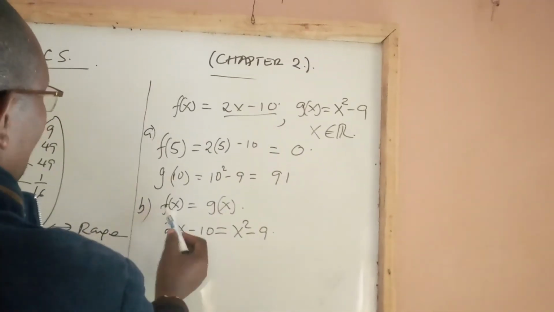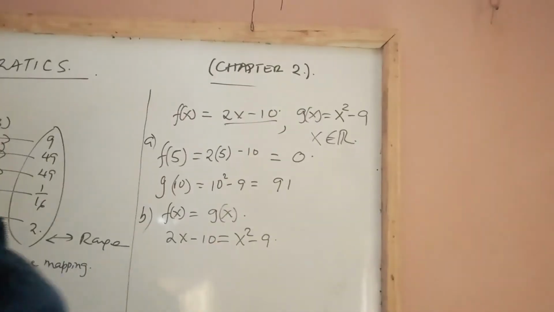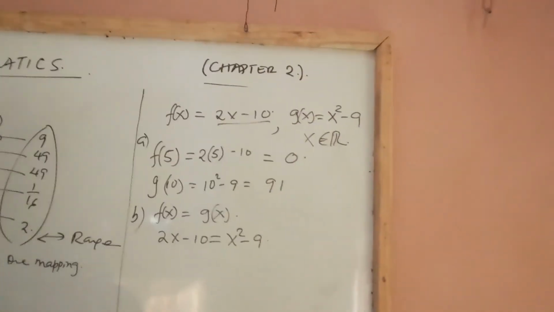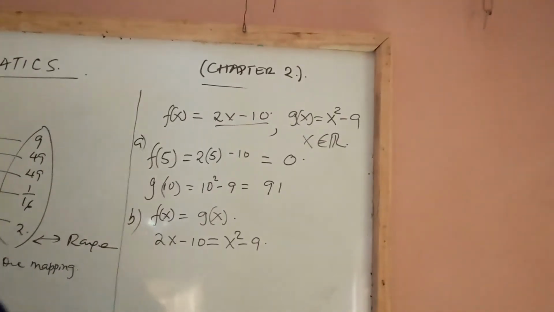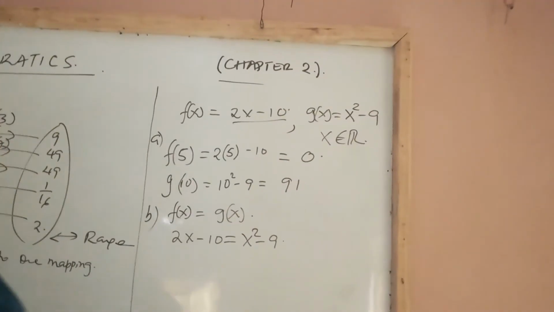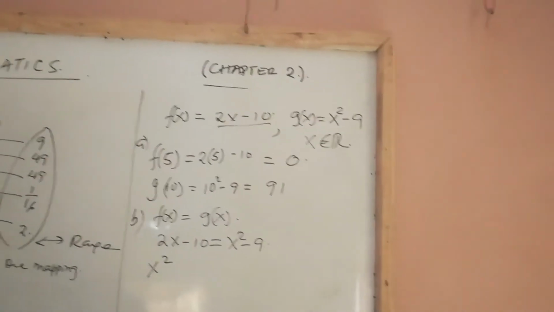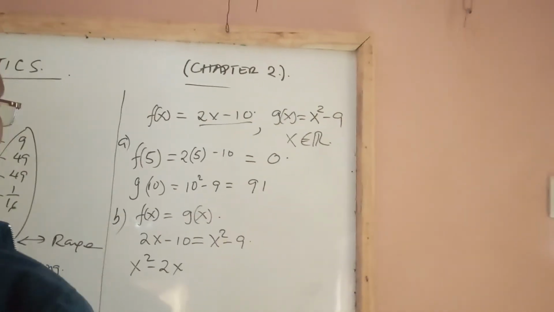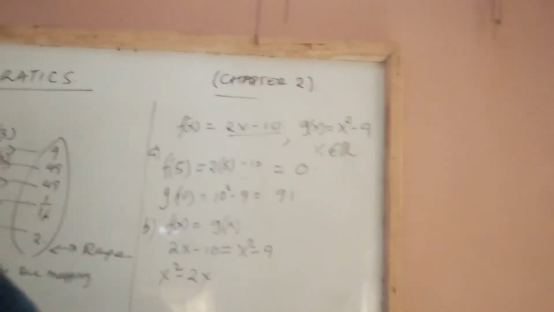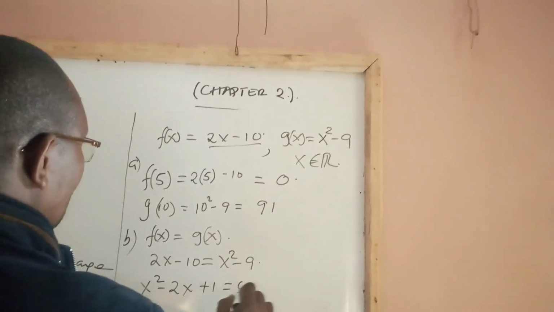So basically this statement means that. And if you look at it closely, it is a quadratic equation, and we can write it in terms of x squared minus 2x minus 9 plus 10, meaning plus 1, is equal to 0.